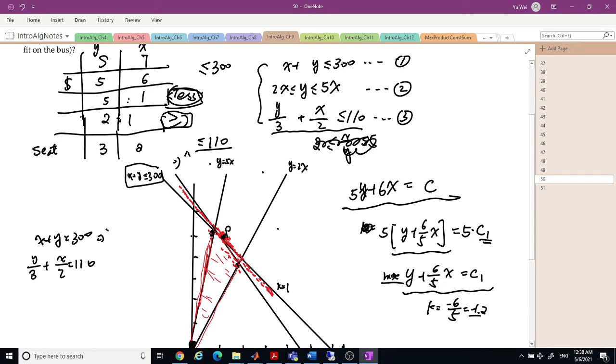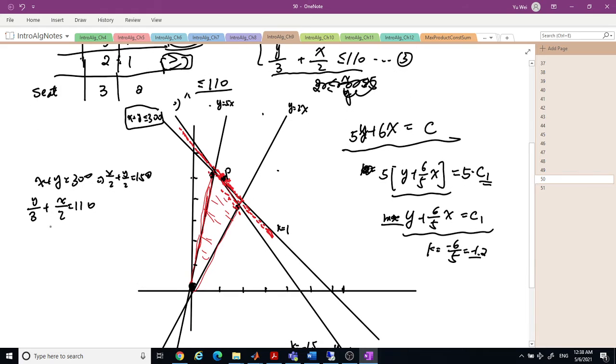So from here we know x over 2 plus y over 2 is 150. Now we can solve: y over 6 is equal to 40, so y equals 240, then x equals 60. Okay, so we know the point P is (60, 240).